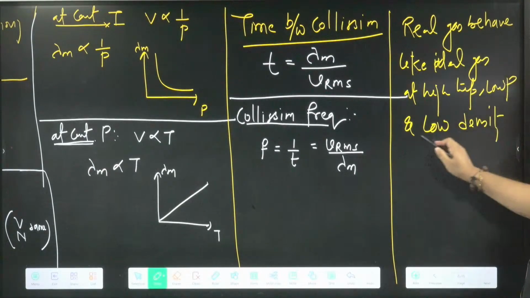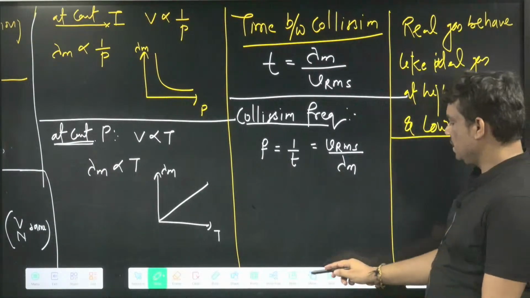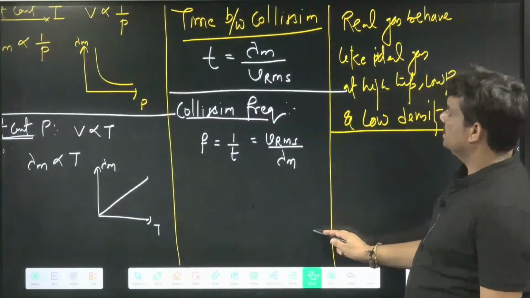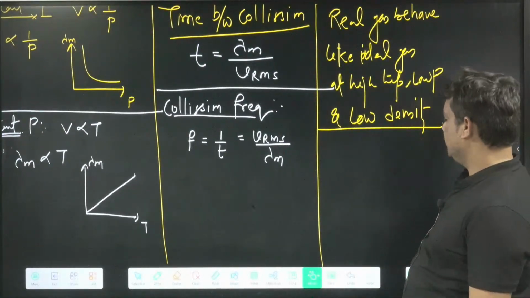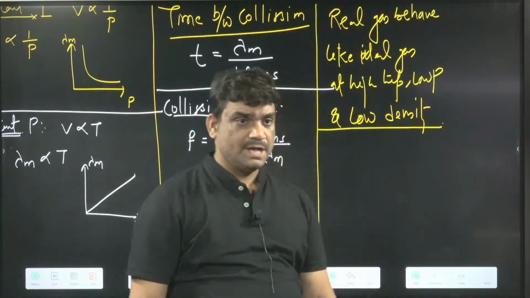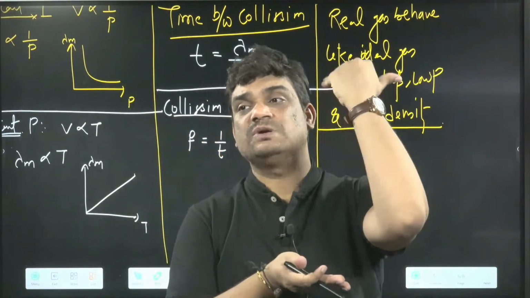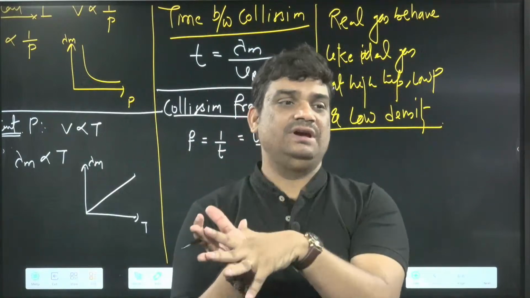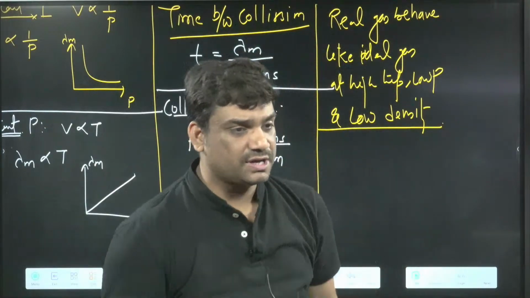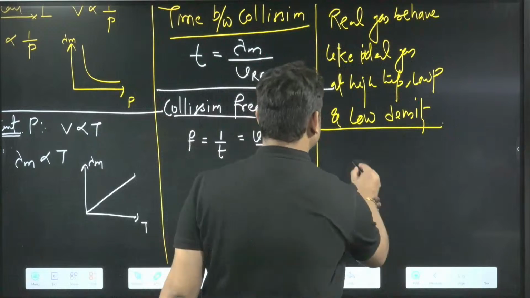This is what was told to you. Do you remember? So if I increase temperature, it will approach towards ideal behavior. When temperature is high, it moves towards ideal behavior.